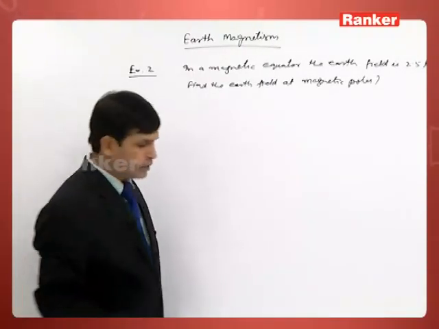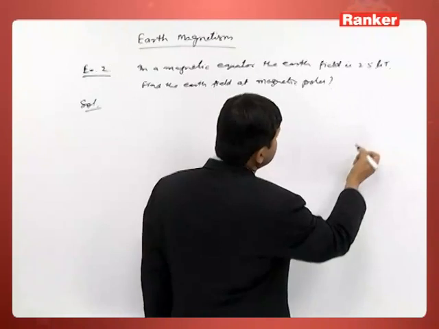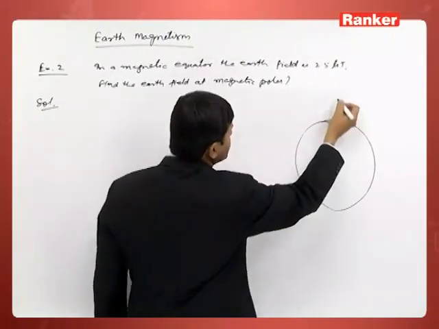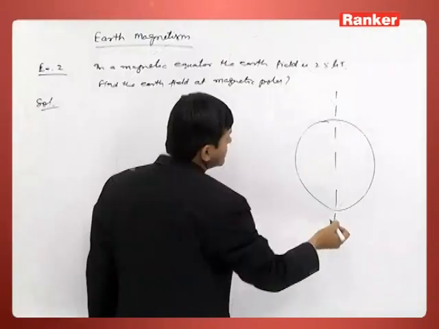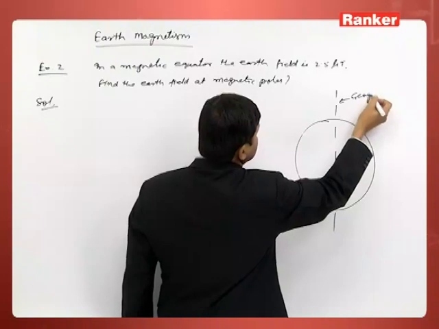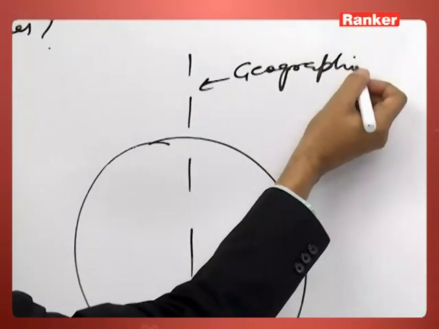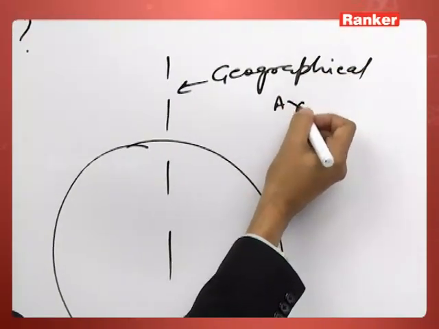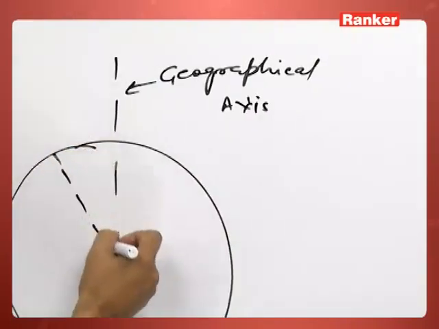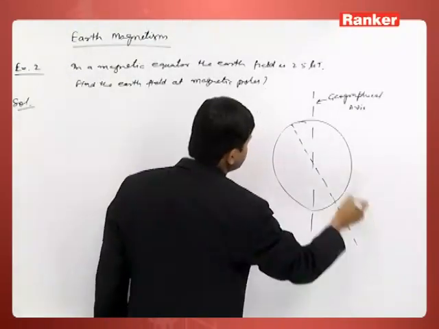So see, if we are talking about the earth, this is your earth and this is the axis of earth, that is called the geographical axis, and this is the axis called your magnetic axis.